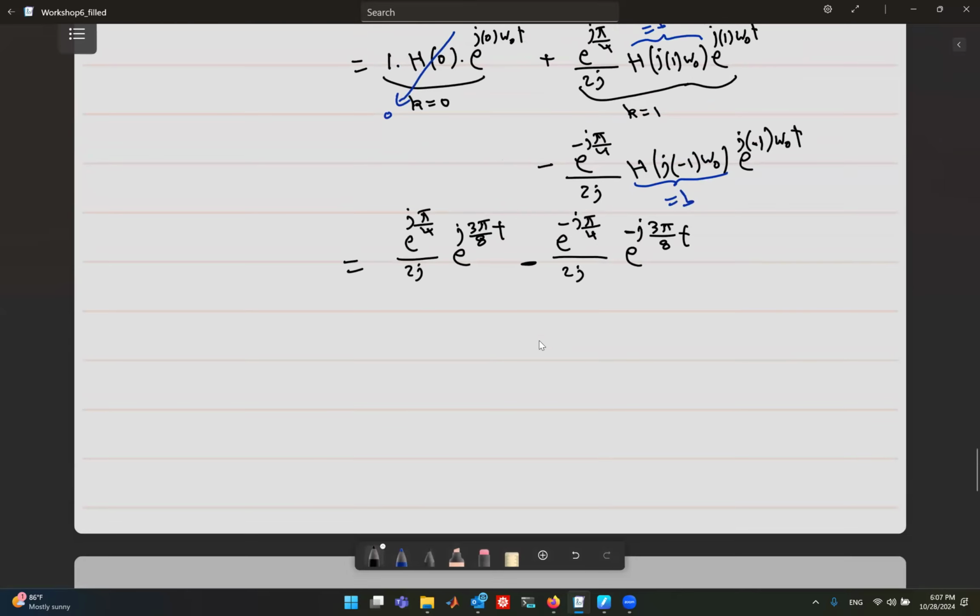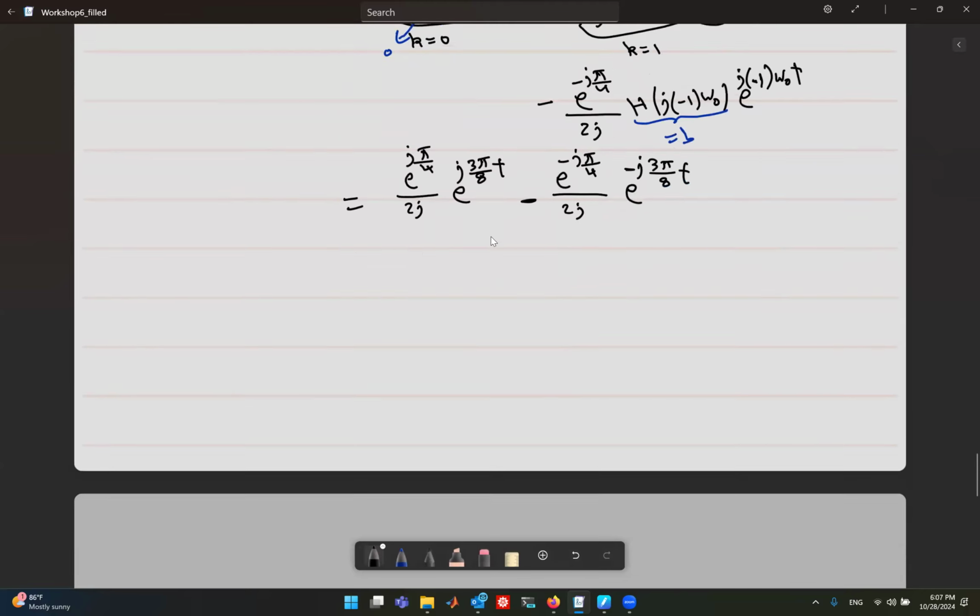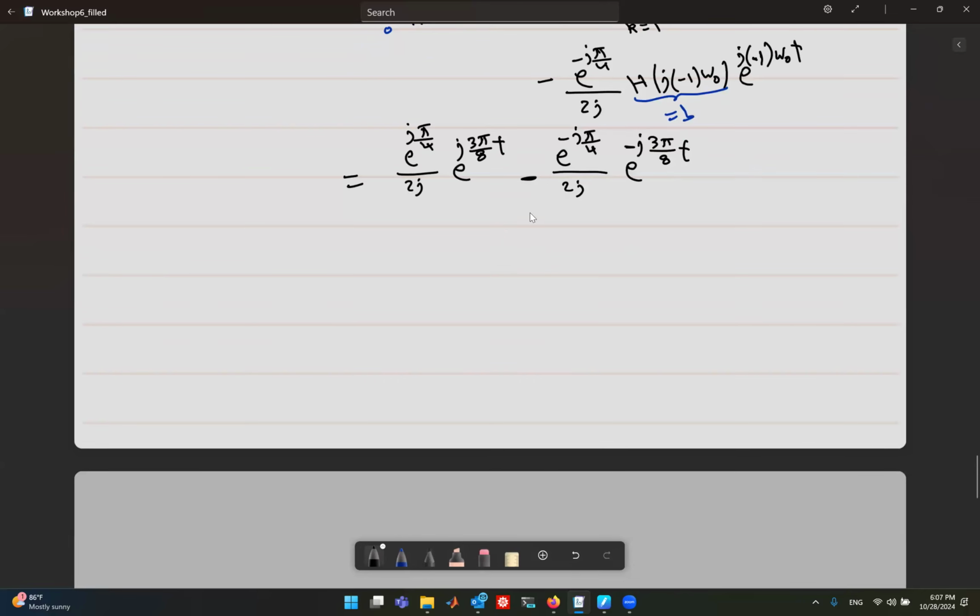And using the inverse Euler's formula, this is a sine, right? Let me rewrite it to see it in a better way.